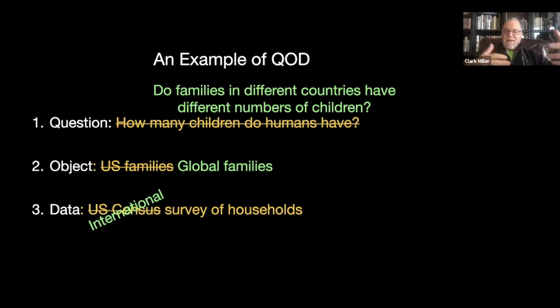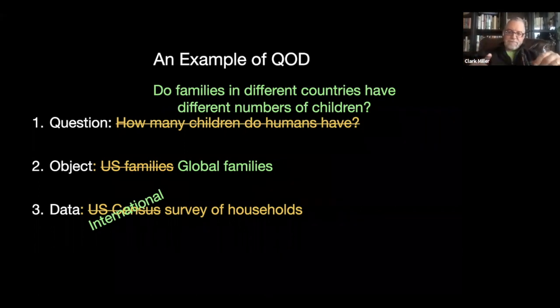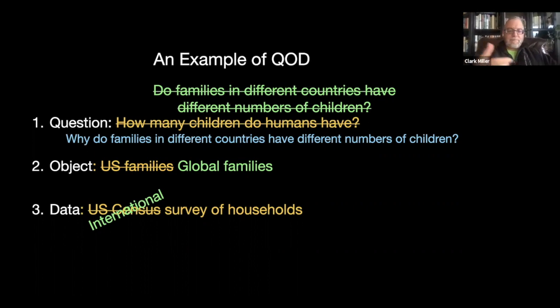And so now we've got a different alignment. We've got a different question, a different object of study, and a different data set that we're going to use to answer that question. But they align again, right? They still align, right? So suppose we do that, and suppose we find that different families in different countries, on average, have different numbers of children.